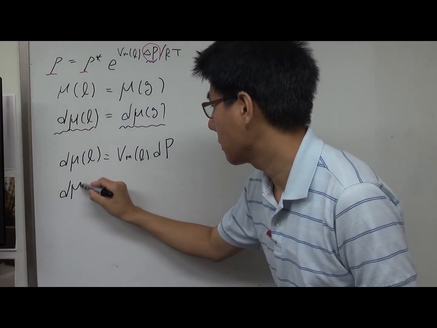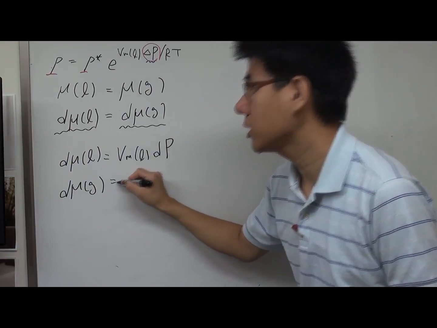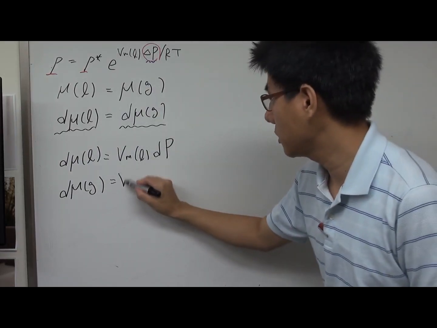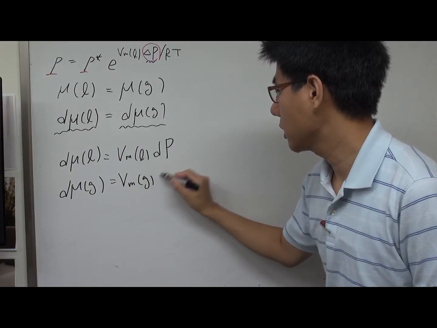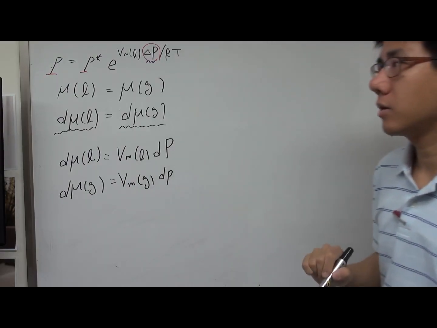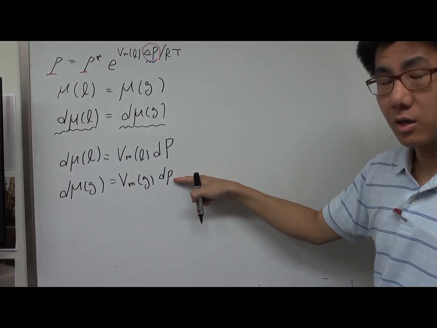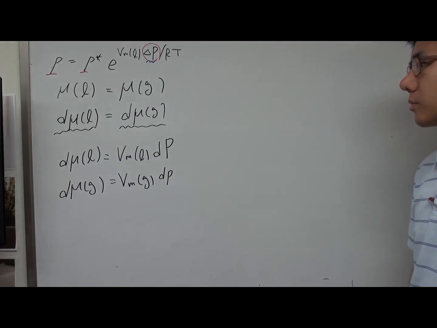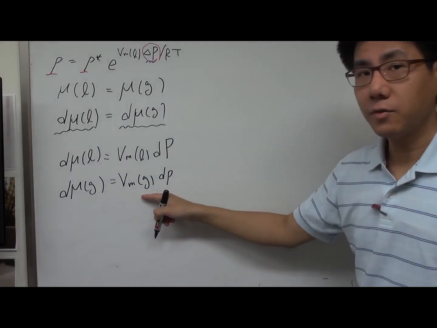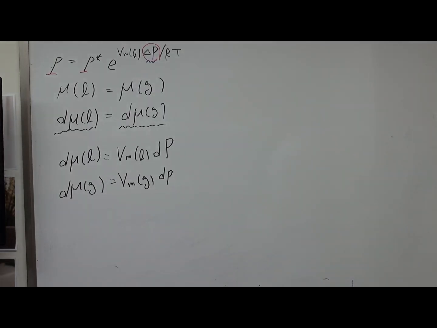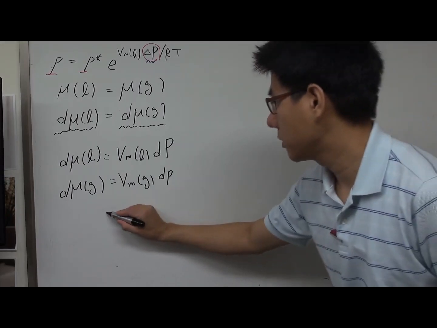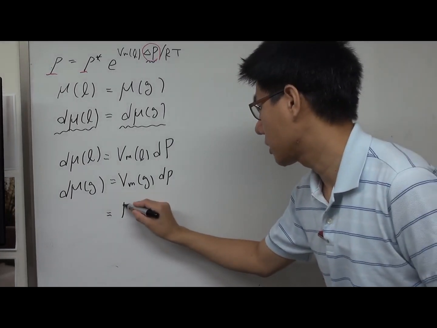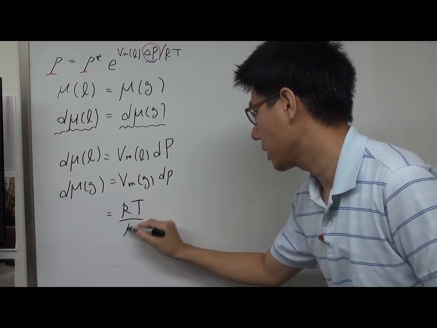Similarly, chemical potential change for gas would be Vm,G dp here, right? Here, small letter p, gas pressure, okay? All right. If the gas is a perfect gas, then molar volume will be the same as RT over p.